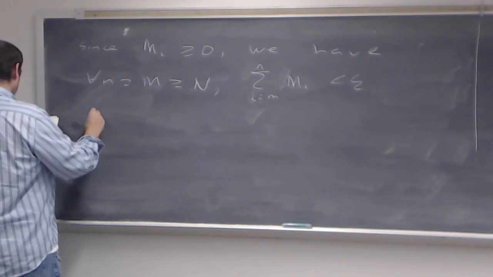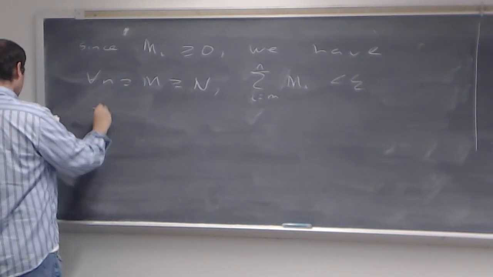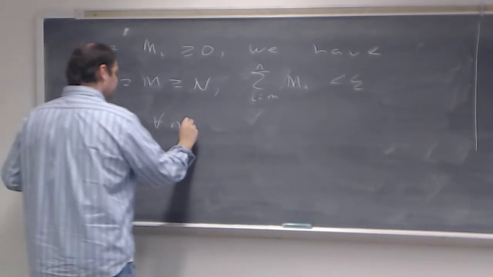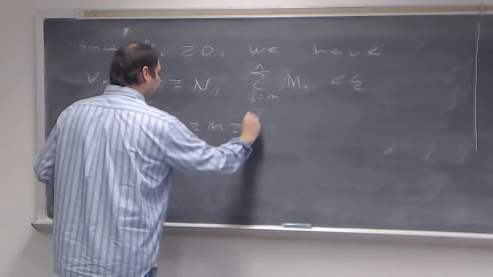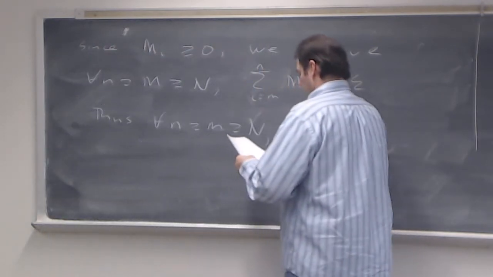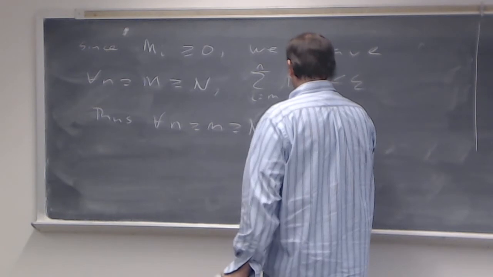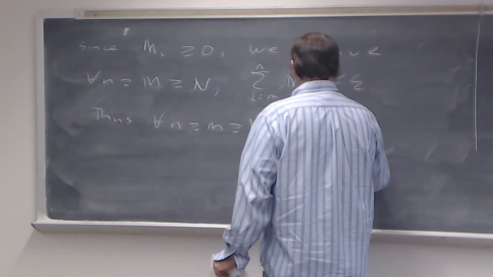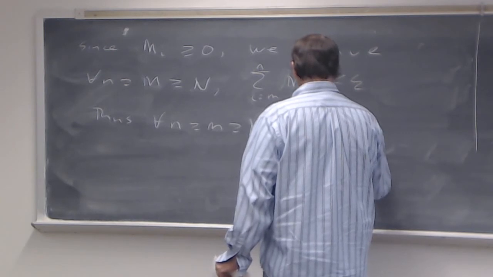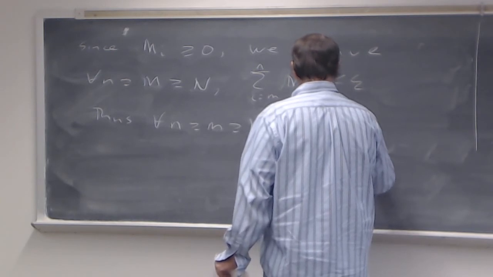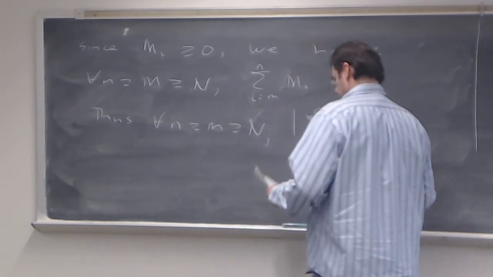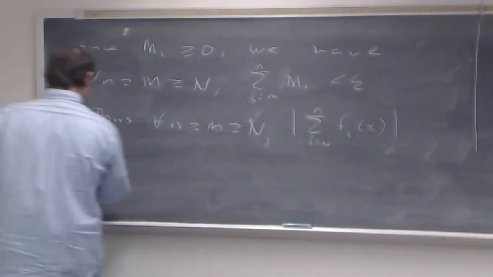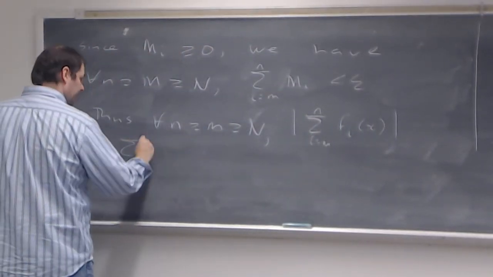Okay. Thus, for all n bigger than or equal to m bigger than or equal to this big N, the absolute value of the sum, so this is what I want to look at, as i runs from m to n of f sub i of x. Well, if we bring the absolute values inside the sum, it makes it bigger.